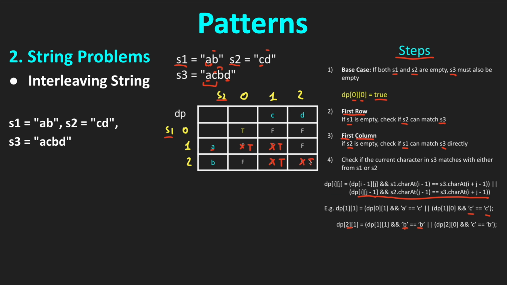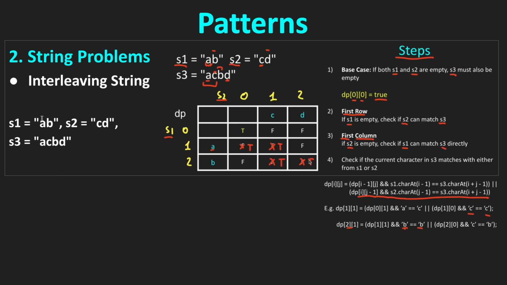So the next one is interleaving strings. In interleaving strings, what we have is two strings, S1 and S2, and we need to find out whether or not we can make another string S3 using S1 and S2. We can use them in any order. We can use any amount of the letters from S1 and any amount of the letters from S2, but we need to make sure that we cannot change the order.